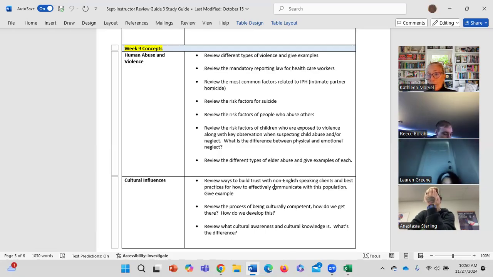Let's say you work in a correctional facility. Think of all the different types of abusers you might be working with there. We're not going to be immune, regardless of what setting we work in, to being exposed to victims, perpetrators, and witnesses of violence.